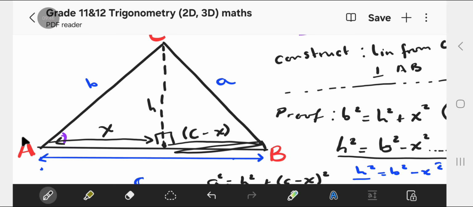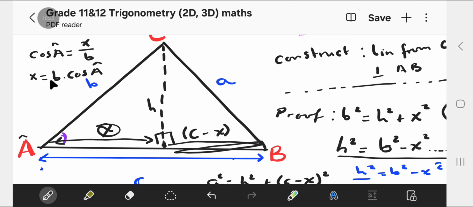But here we are having angle A, so we can try to find our x using the angle A. We know that cos of our angle A is equivalent to adjacent over the hypotenuse, right? So our adjacent is x, so this is equivalent to x over b. So let's make x the subject of the formula. So x now becomes b multiplied by cos of angle A.